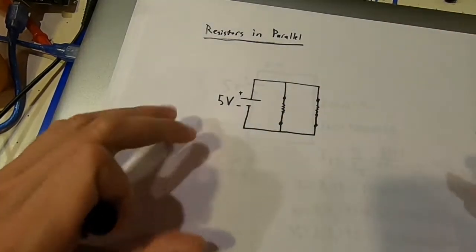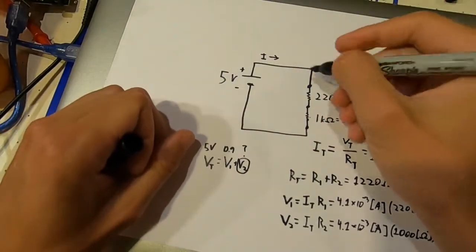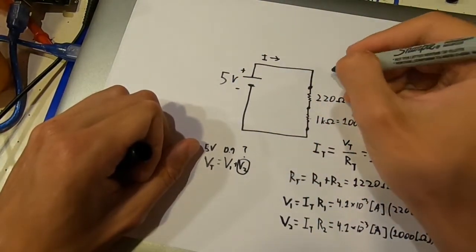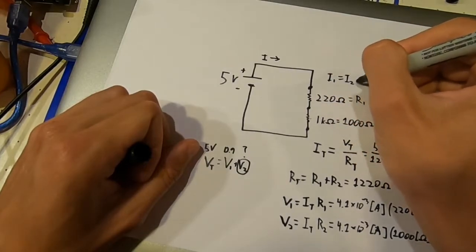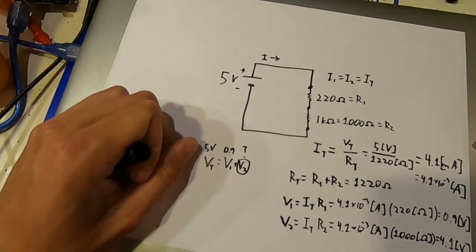Right, so before, in this circuit diagram, the current only had one way to go around, so that our I1 was equal to I2, was equal to the current for the total circuit.